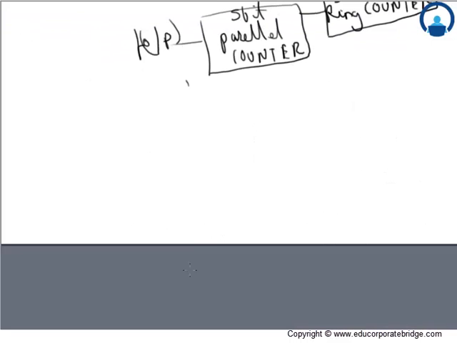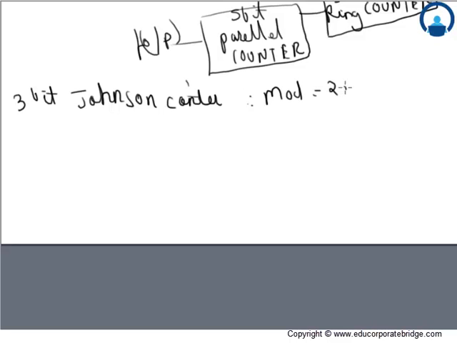Let us start with the 3-bit Johnson counter. Assume the initial condition to be 0. Since the initial condition is 0, the modulus of a 3-bit Johnson counter is 2n, which is 2 into 3, equal to 6.